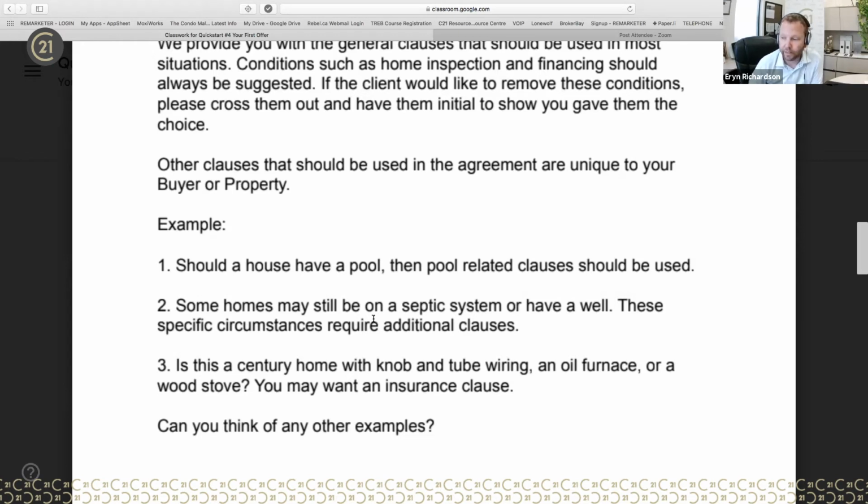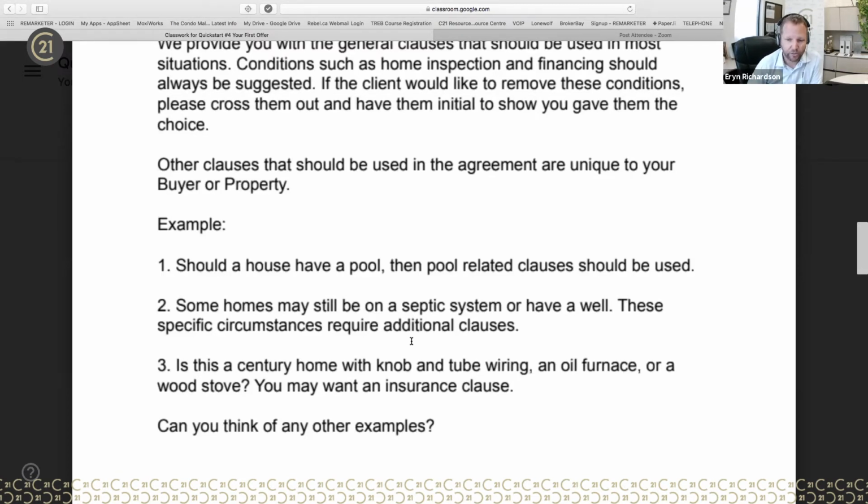That by June 25th, we can come back and say certain things weren't working and you're still responsible for that. So there's some pool stuff. Some homes may still be on a septic well, specific circumstances, cottage properties, century homes, homes that have aluminum wiring. These are all things that may have separate clauses.